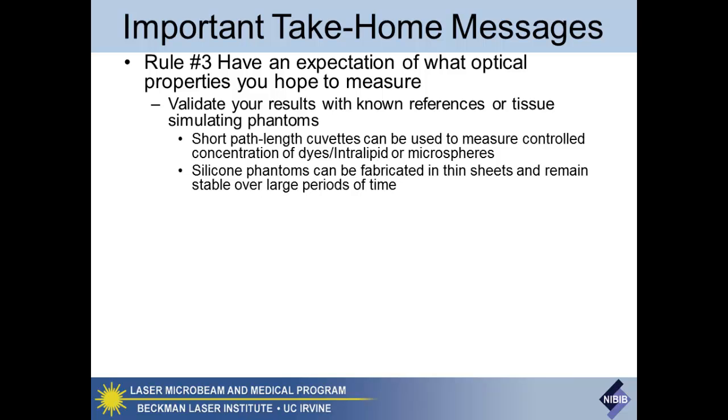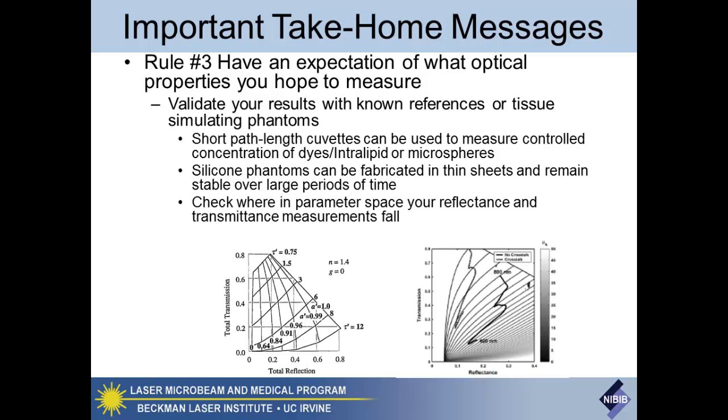So again, we've also used silicone phantoms where you can actually fabricate them in sheets. So you have, again, known thickness, known concentrations of dyes and scattering agents, and you can use that as a way of validating your system.